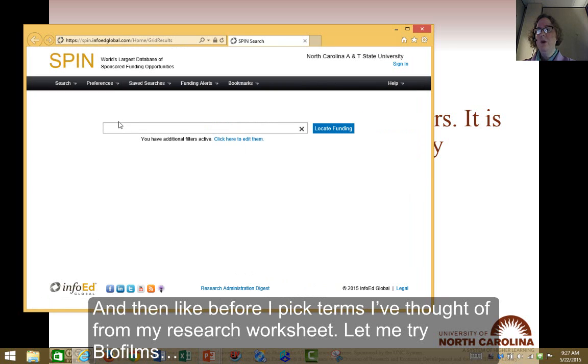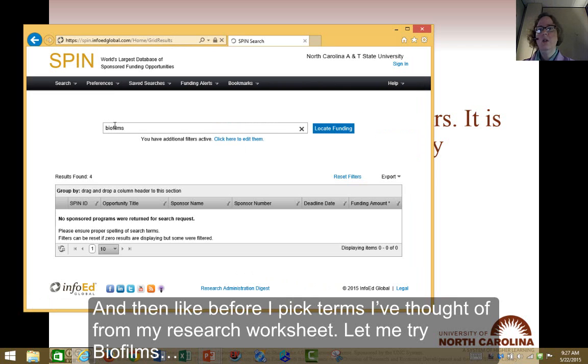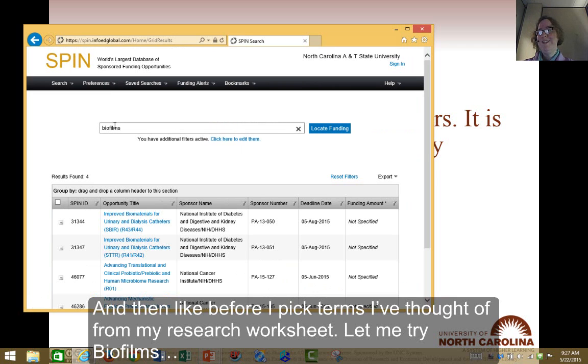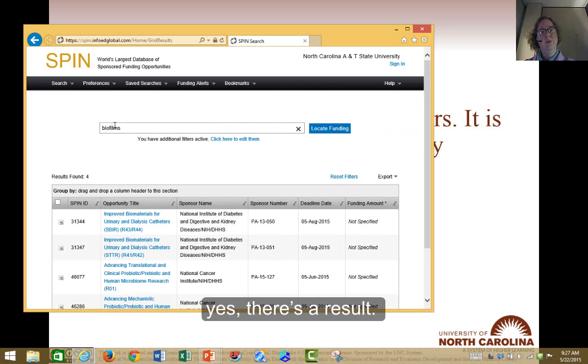And then, like before, I pick terms I thought of from my research worksheet. Let me try biofilms. Yes, there's results. How about bacterial?